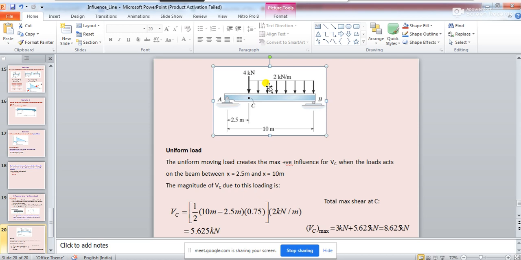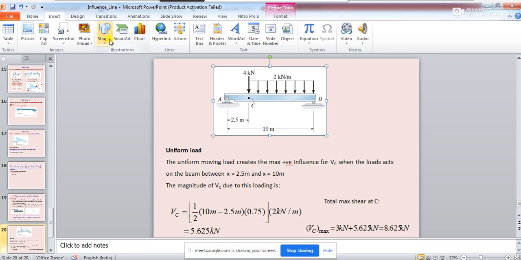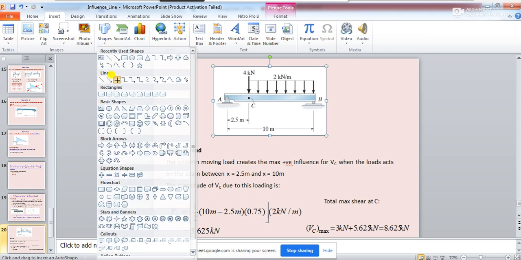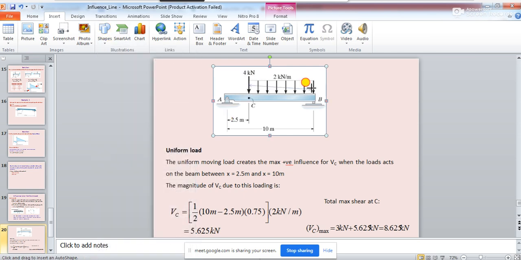So the length of the load is 7.5 meter, means from here to here, and the total beam length is 10 meter.